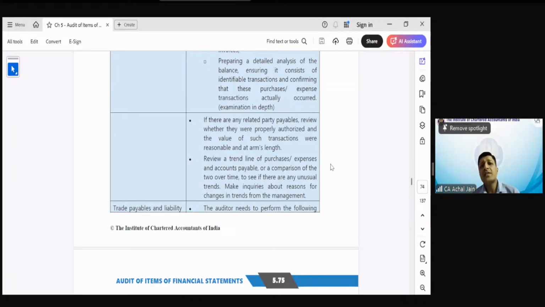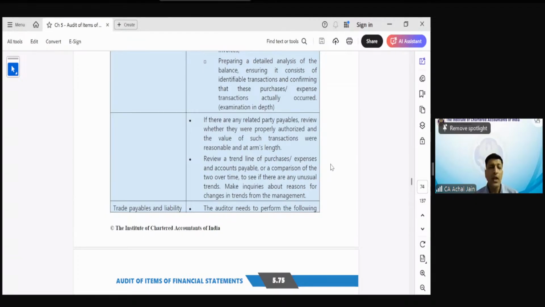Now, when such a significant number of transactions are taking place with the related parties, we need to evaluate whether those transactions have taken place at arm's length or not.